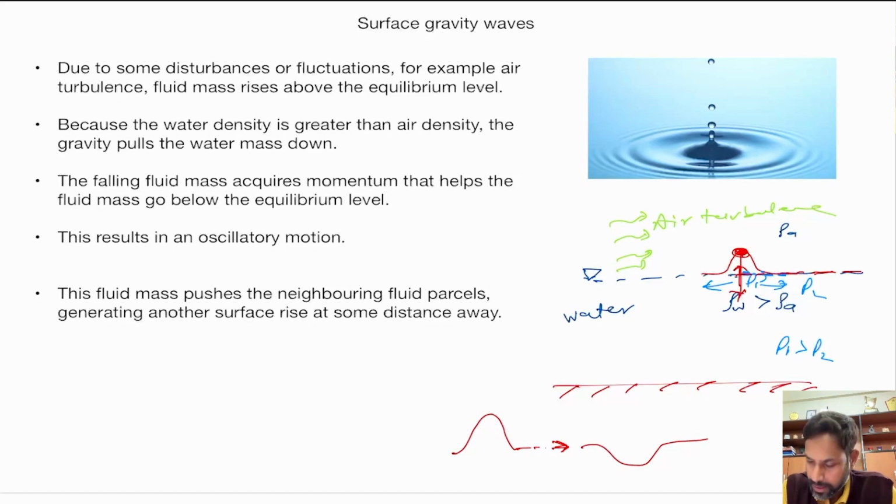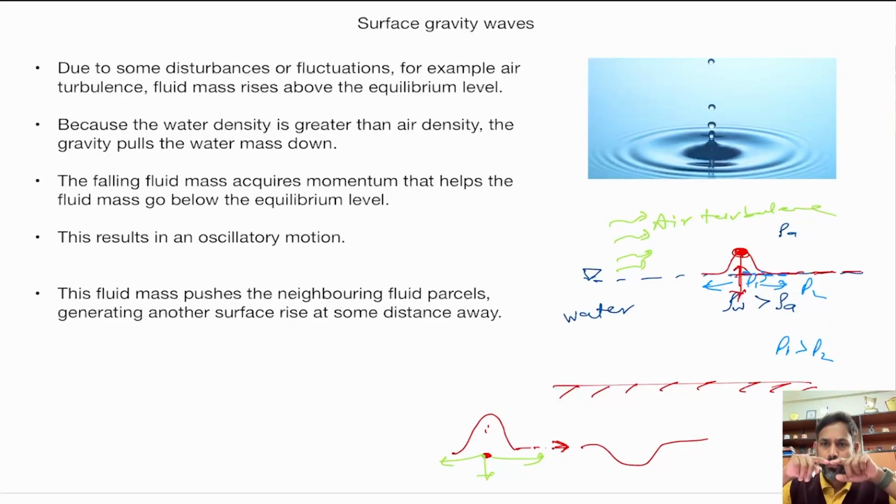Okay, and what happens in the process is, while it creates oscillatory motion within itself, it also pushes the fluid away from itself, as we saw here, as this red fluid tries to, here the pressure is greater, and that's why there will be a fluid motion in this direction, and also this direction, right?